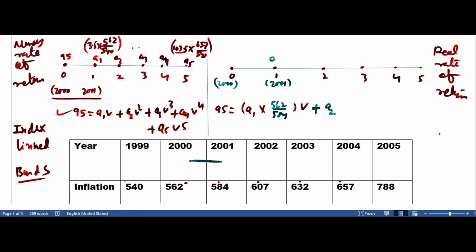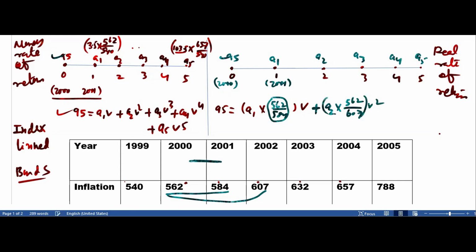A2, these are the payments you get from the company, exactly the way Hemangi described, or Tanvi. So this is 95. Here also payments are the same in both cases. The only difference is we are applying inflation here. A2 multiplied by 562 by 584, then 562 by 607. We are using inflation. Inflation will never increase your value, remember.